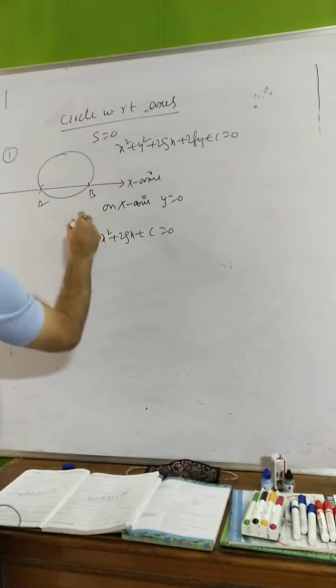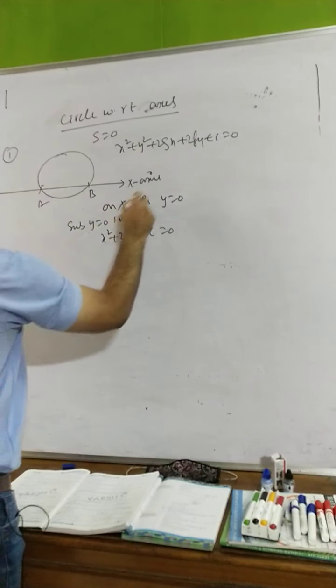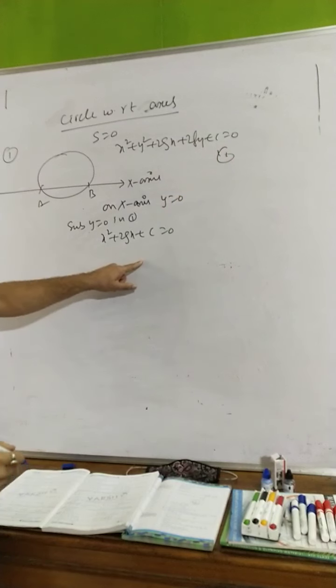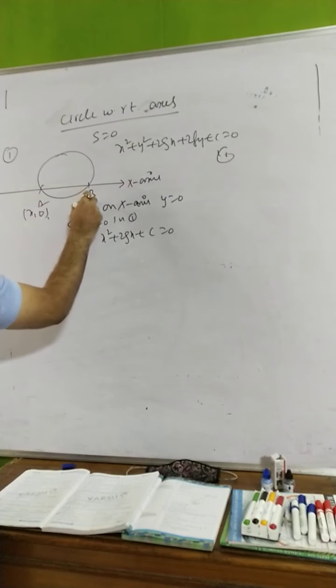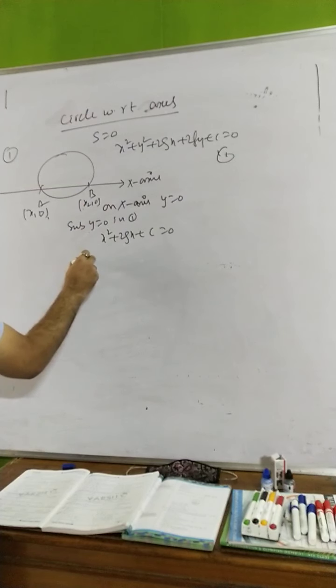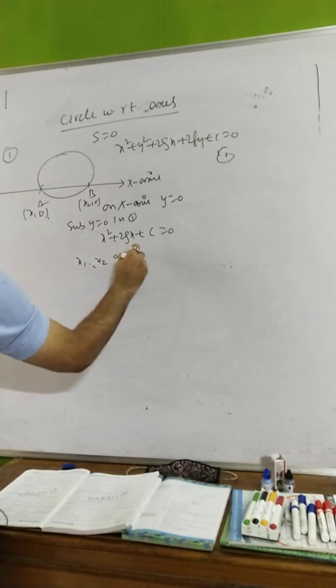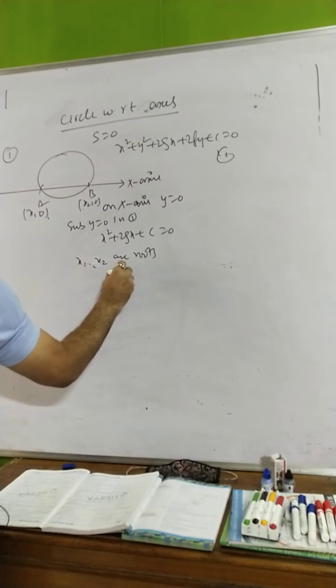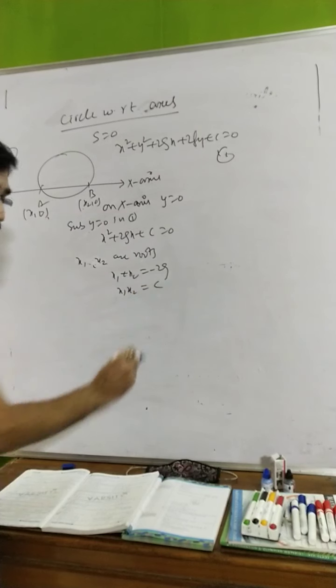Now assume that the roots are x1, 0 and x2, 0. Here x1 and x2 are roots. So you will get x1 plus x2 equal to minus 2g, and x1 x2 equal to c.